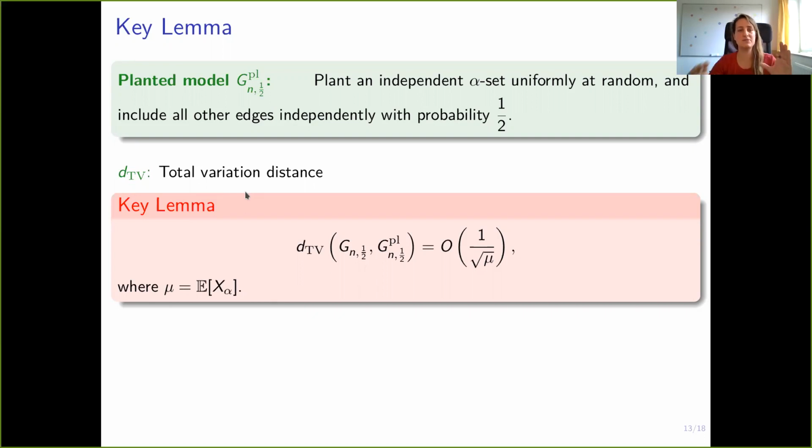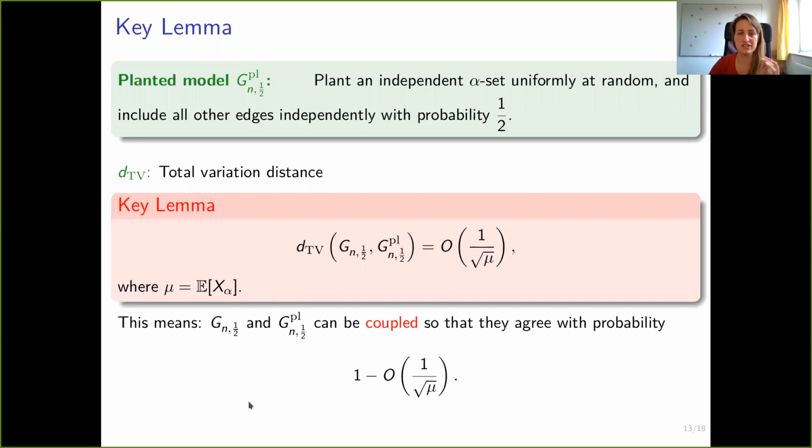But what this means is that you can couple this planted random graph and the normal random graph so that they give the same results with probability at least 1 minus something of order 1 over root mu. Okay, so that's the key lemma. And actually it has a proof that fits on one slide. So I'm going to put it on the next slide.